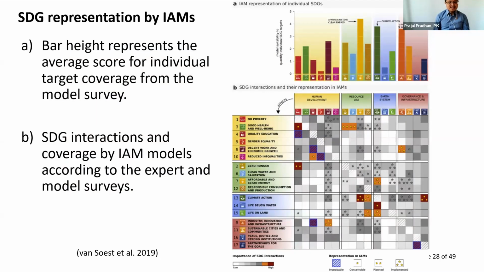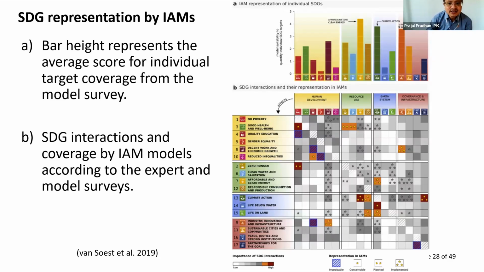When we look at integrated assessment models, we have to understand that they have their own history. These are mainly developed from a climate change perspective, and that's why, if you look at this bar, we can see that some of the features are highly representative. One is about energy, because these are more like energy system models, and then we can also see climate action.